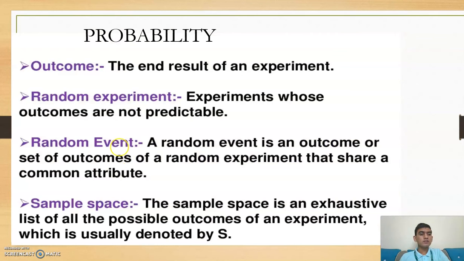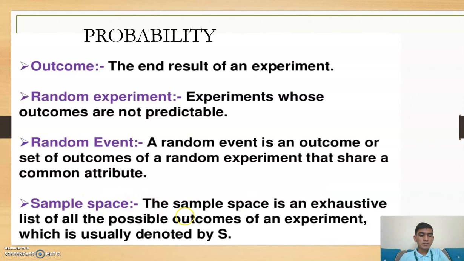We should know some basic terminology in probability. Outcomes: the end result of an experiment is called an outcome. Random experiment: an experiment whose outcomes are not predictable, that means we don't know what the outcome will be. A random event is an outcome or set of occurrences of a random experiment that shares a common attribute.